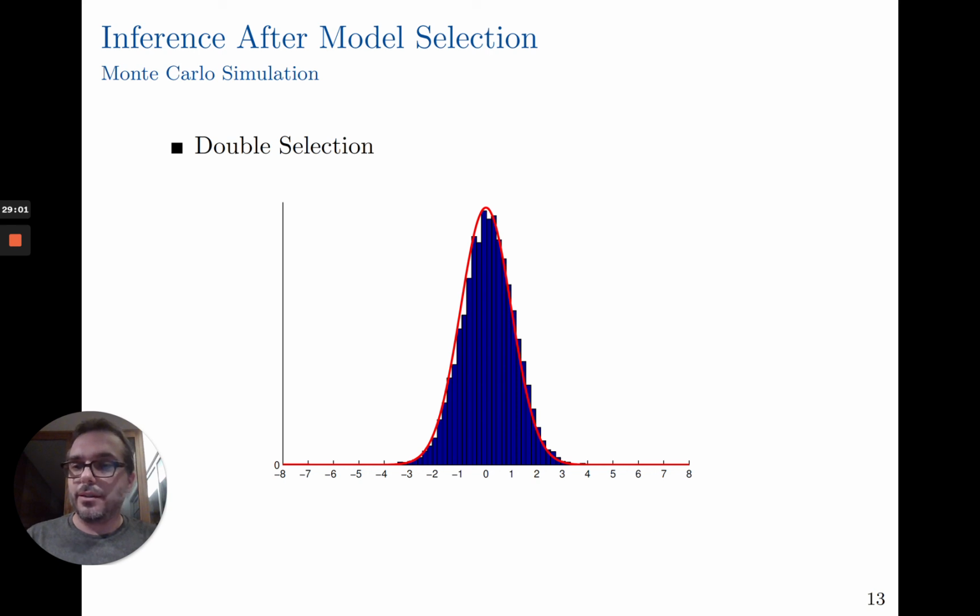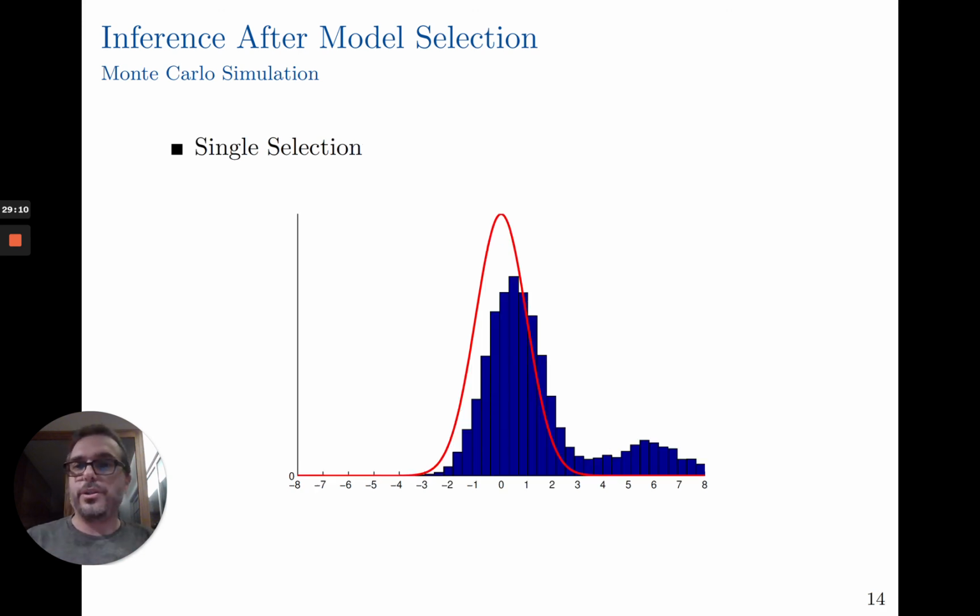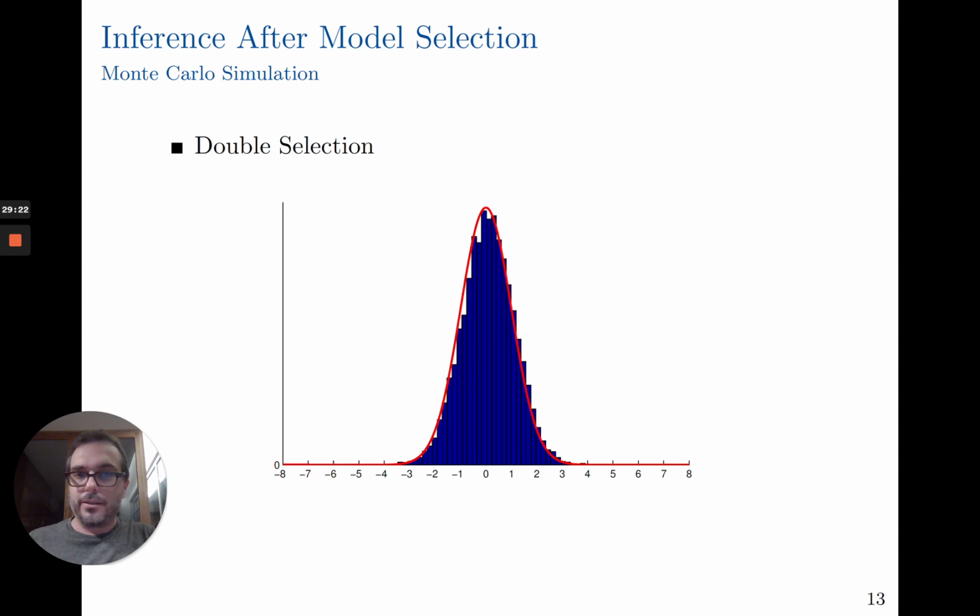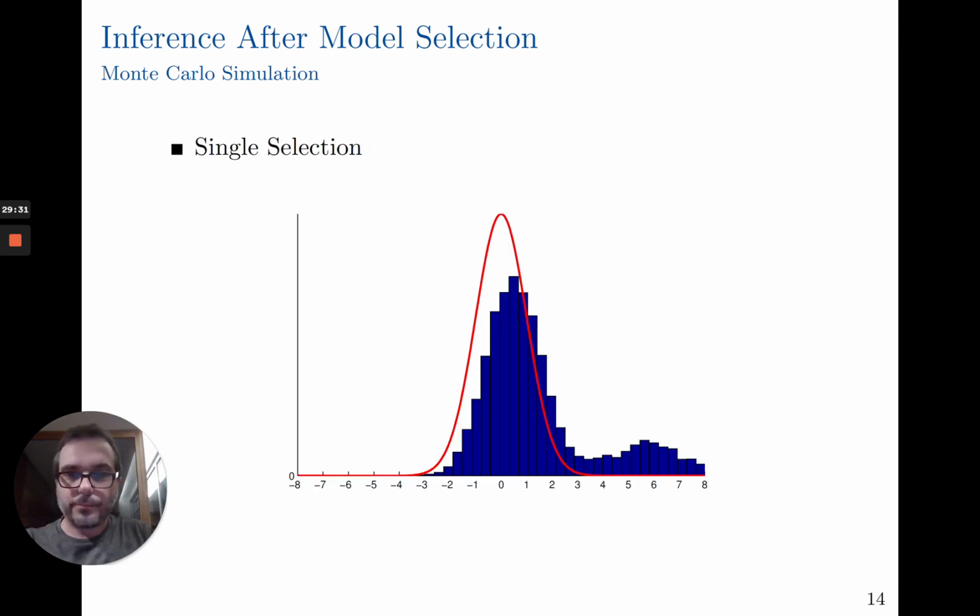The standard normal theory, the standard regression theory, works just fine here if we use double selection. If we use a single selection, then things start to become a little bit uglier. Again, we have some bimodality. So single selection, bad; double selection, good. That's the message.